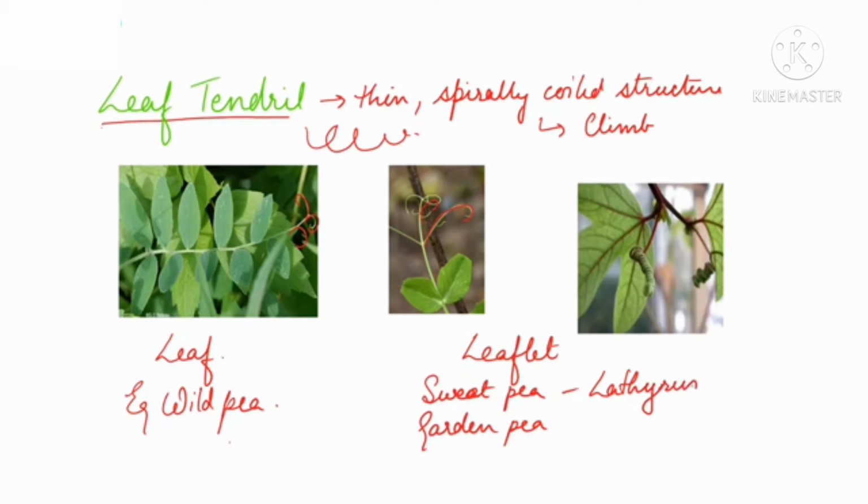Gloriosa, Smilax. These are some examples of leaf tendrils. I hope all of you get the idea about leaf tendrils.